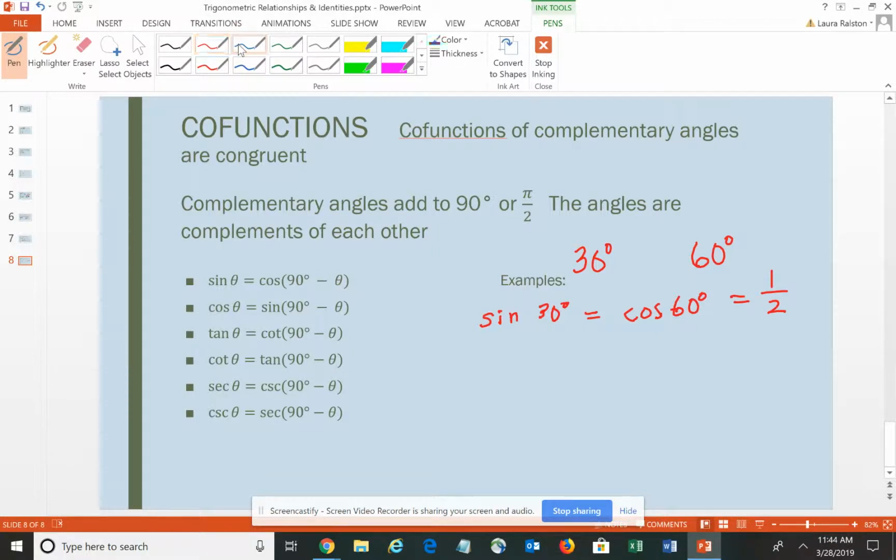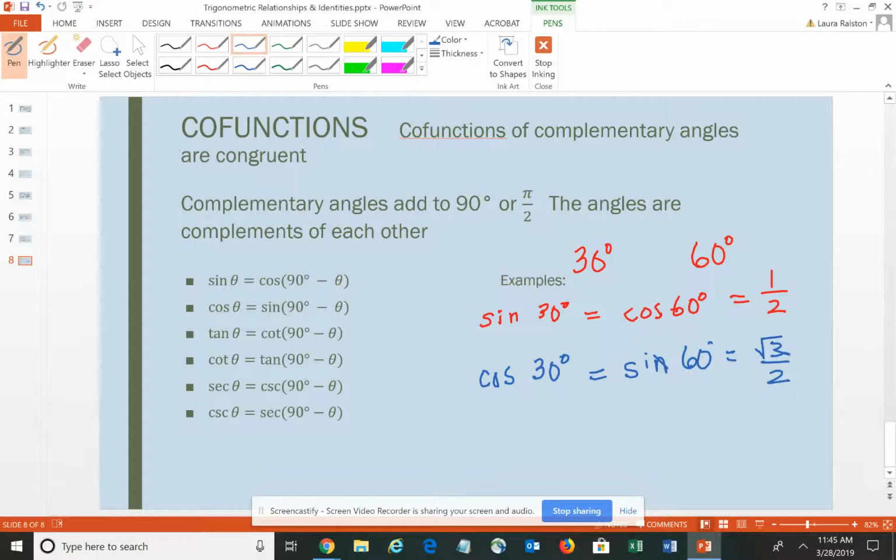Similarly, if we look at the cosine of 30 degrees, that should equal the sine of 60 degrees. Again, on my unit circle, I see that the cosine of 30 degrees is square root 3 over 2, which is the same value as the sine of 60. So cofunctions of complementary angles have the same value. And again, sometimes that comes into play and is very helpful in solving problems.